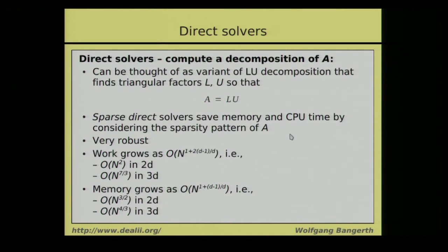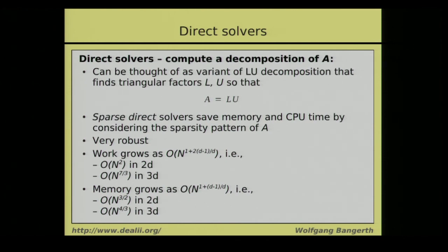And in particular, if you look at the amount of work that you have to do for typical partial differential equations when you want to compute an LU decomposition for a matrix A, the work grows like n to the power of 1 plus (2d minus 1) over d, where d is the space dimension. So in 2D, the work actually grows only like n squared. Whereas you know that if you do an LU decomposition for any dense matrix, the work would actually grow like n cubed.